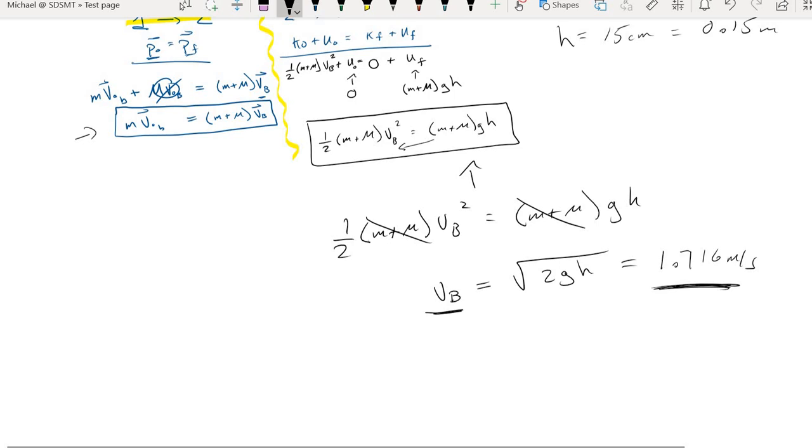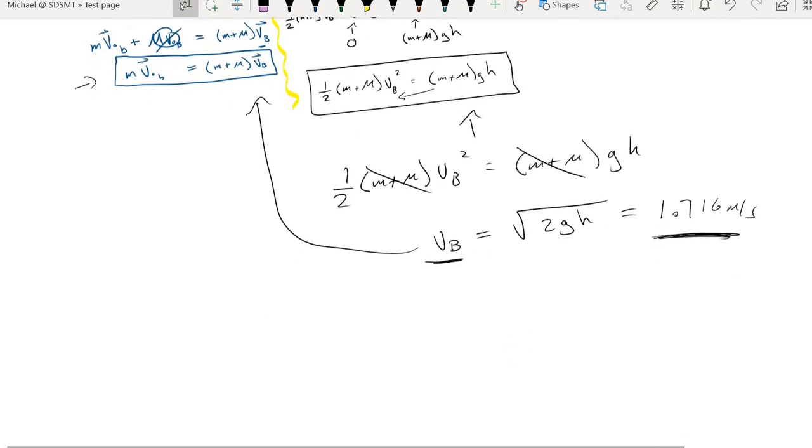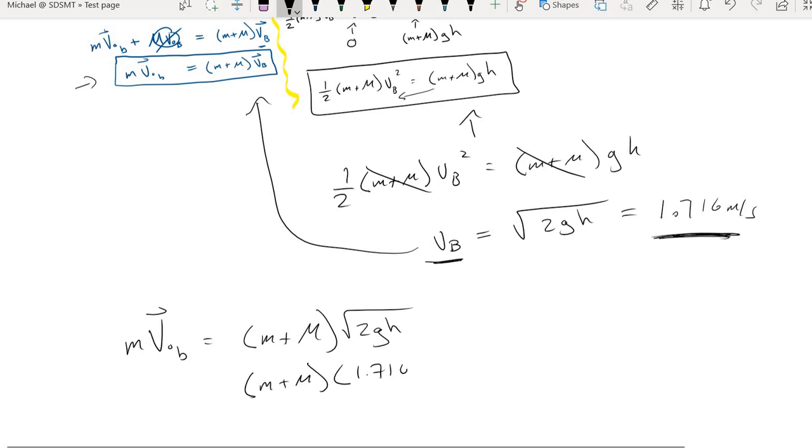Well, now that we know what that velocity is, we can bring its value over to the conservation of momentum side. We have the mass of the bullet, the initial velocity of the bullet, which we're trying to solve for, the combined mass of the bullet and the block, times the velocity of the block after the collision, which we now know to be square root 2gh, or 1.716.